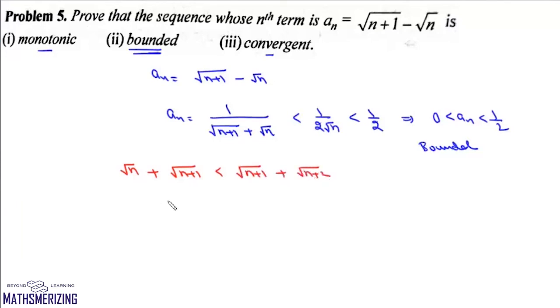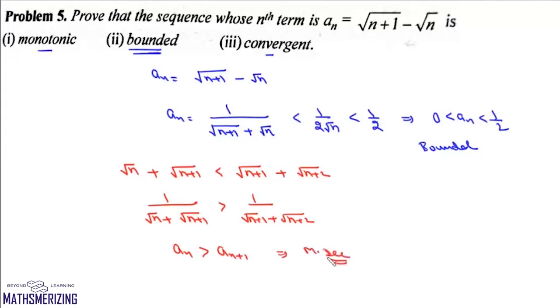Now we take the reciprocal, we can write 1 upon (under root n plus under root n plus 1) will be greater than 1 upon (under root of n plus 1 plus under root of n plus 2). That is an is greater than a(n plus 1). That means this sequence is a monotonic decreasing sequence. So this sequence is monotonic.